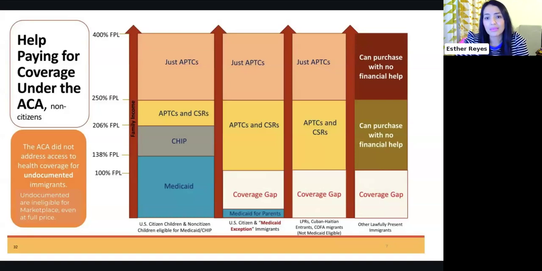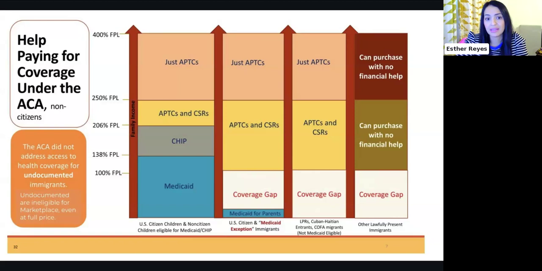Now, the two columns on the right show the new changes created from HR 1. And here you can see the newly created coverage gaps below 100% of the federal poverty level, where no lawfully present immigrant can access Medicaid or ACA coverage.